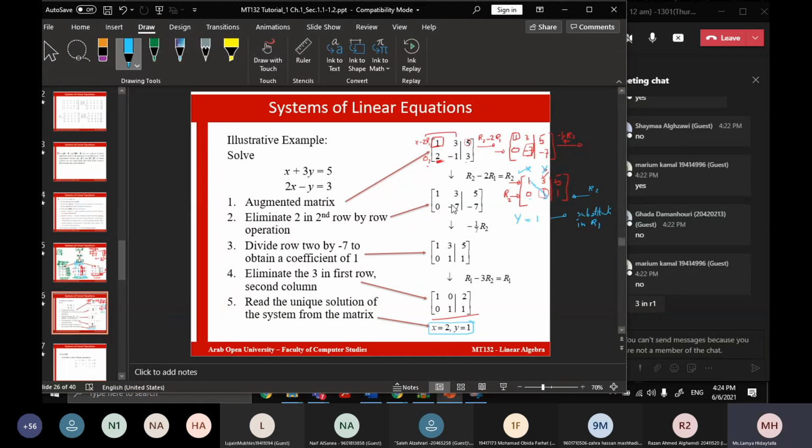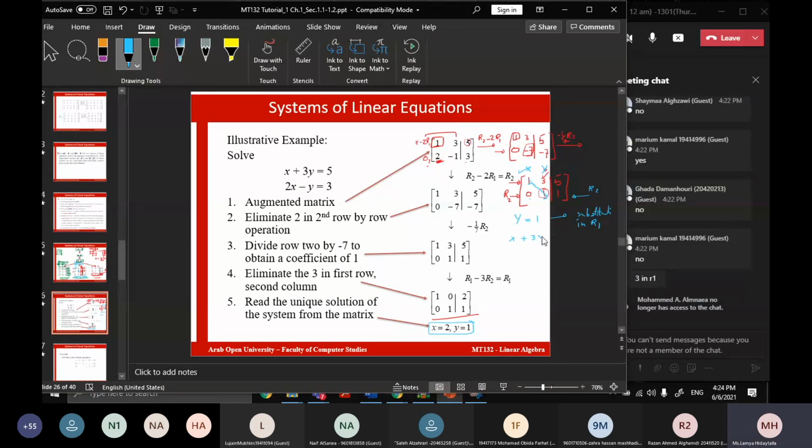In R1 what do we have? 1 times x plus 3 times y is equal to 5. But y is already 1. So we have x plus 3 times 1, which is 3, is equal to 5. And this implies x equals 5 minus 3, which is equal to 2. So it's the same as that one.